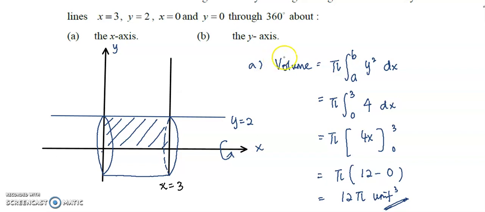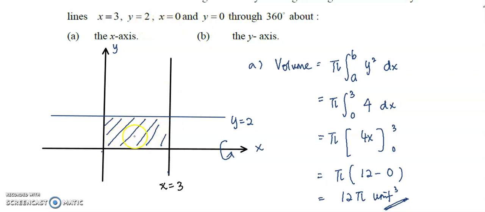And now we look at part B. Let's say now the exactly same region is rotated about the y-axis, so a different cylinder will be formed. This is exactly the same region as in part A, bounded by x equals 3, y equals 2, x equals 0, and y equals 0.